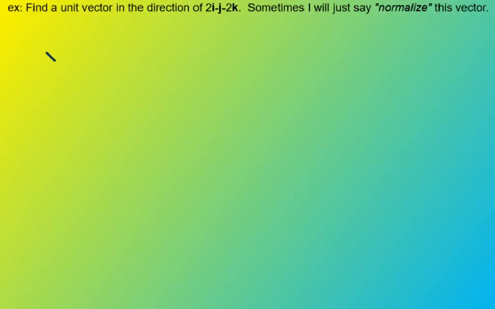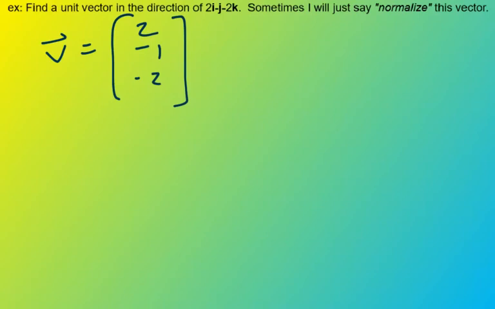We can see that we move 2 in the i direction, which is x, -1 in the j, which is y, and -2 in the k. So a vector that would be parallel to the unit vector I'm going to create would be something like 2, -1, -2.